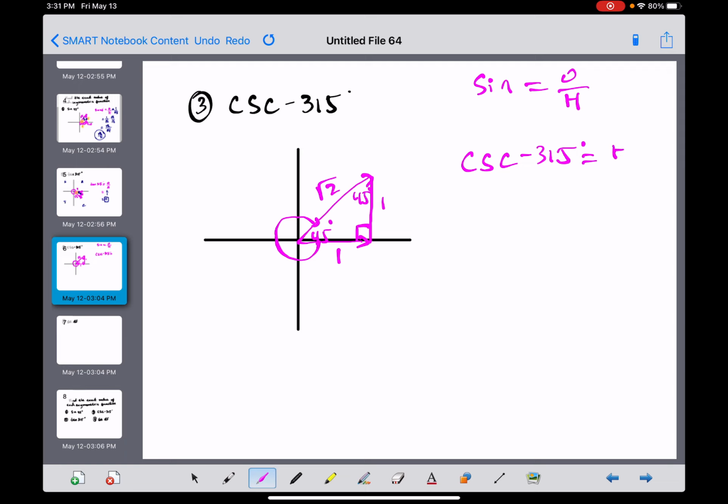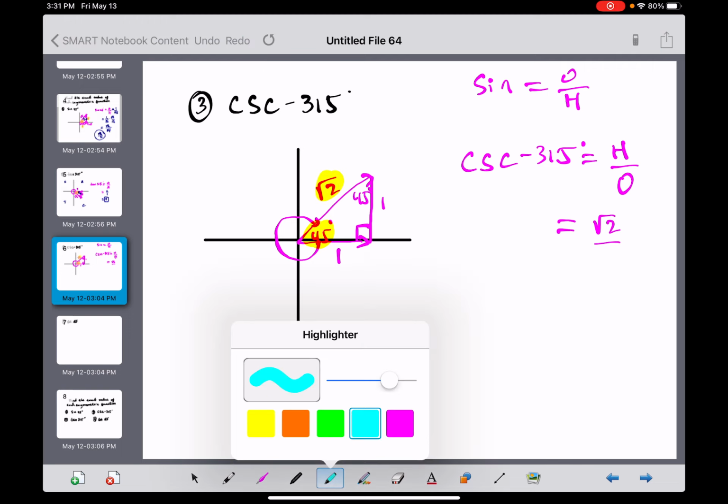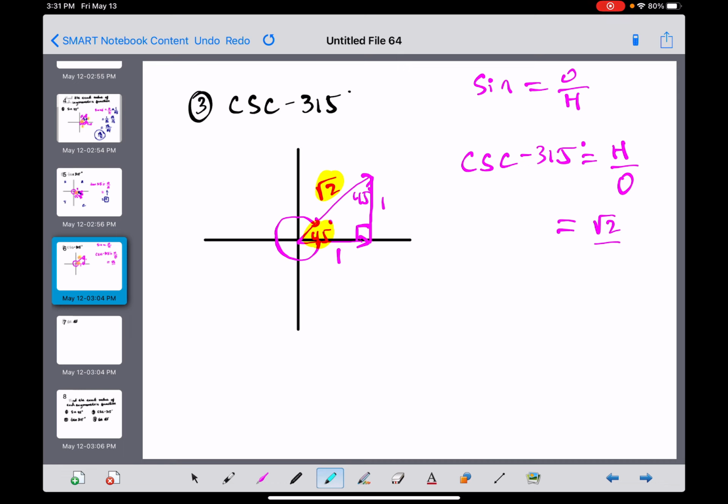Cosecant has to be hypotenuse over opposite, okay? So our hypotenuse is square root of 2, and our opposite, from the 45 degree angle perspective, has to be 1. Square root of 2 over 1 is square root of 2.